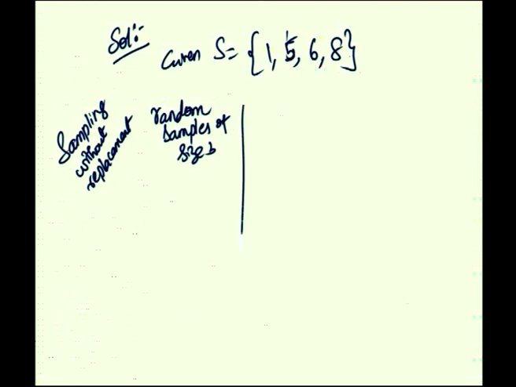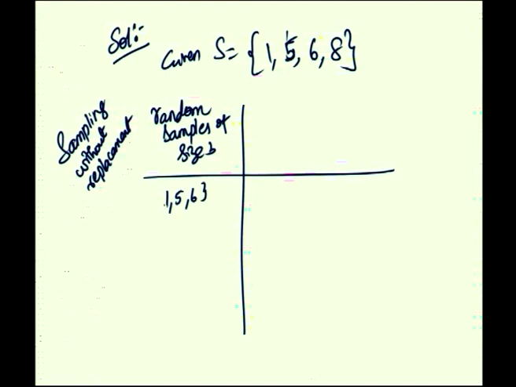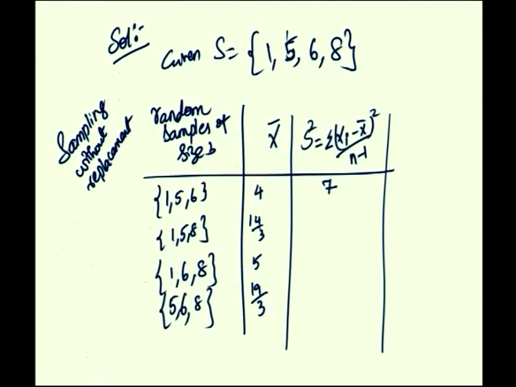Size 3 in the sense, just take the combinations of 3 numbers from 1, 5, 6, 8 without repetition. 1, 5, 6 is one combination, and then another combination is 1, 5, 8, then 1, 6, 8, next is 5, 6, 8.